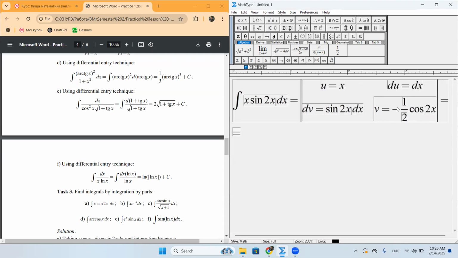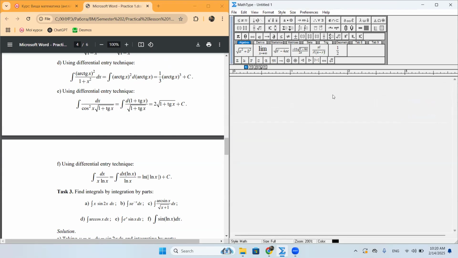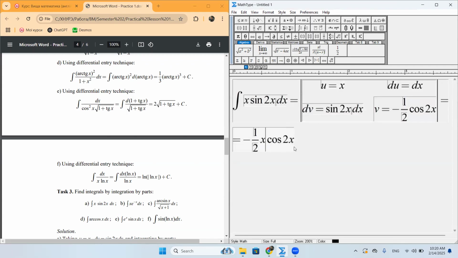So let's integrate. First of all, we have uv, this, and now the integral of v du. In the formula we have minus, but we have minus here, so it will be a plus 1/2 cosine of 2x.